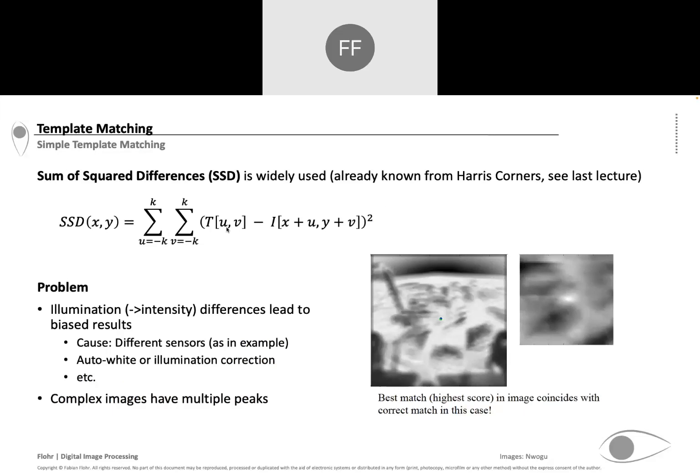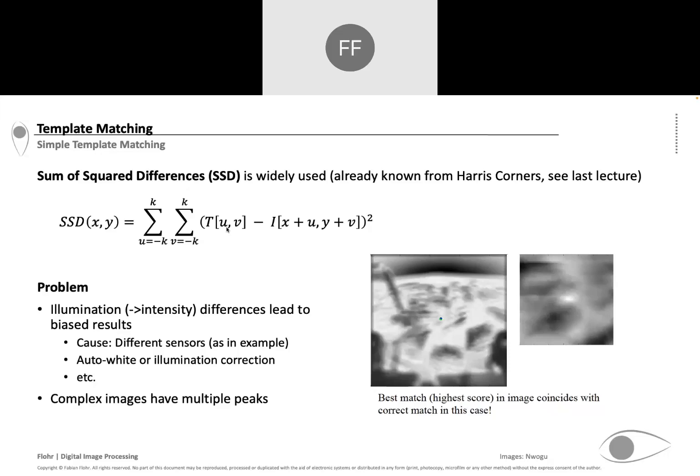Now, the simplest way to do that is taking just the sum of squared differences. So you take this template, shift it over the image, and we have also discussed that when we talked about the Harris corner detection. There we also defined this sum of squared differences in a local window, right? We have used the SSD values here, and this is our easiest correlation measure.